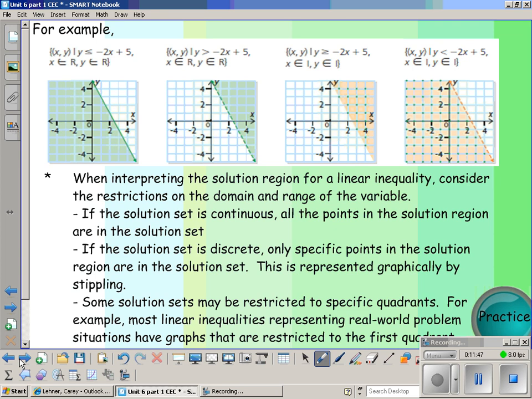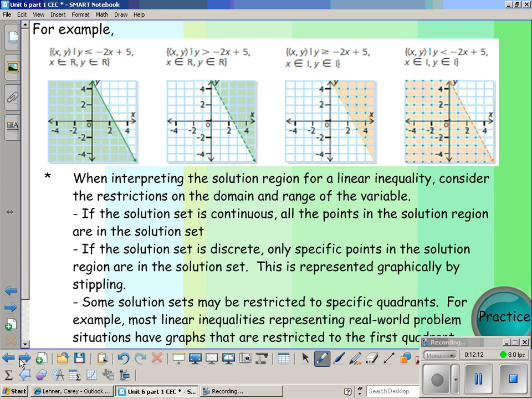In the third example, there was an equal sign, but these were discrete data, so all we do is use dots along the line. And then we stipple the half plane. And in the last example, there was no equal sign as part of the inequality, so we use a dashed line. And because of the integers, then it is stippled.